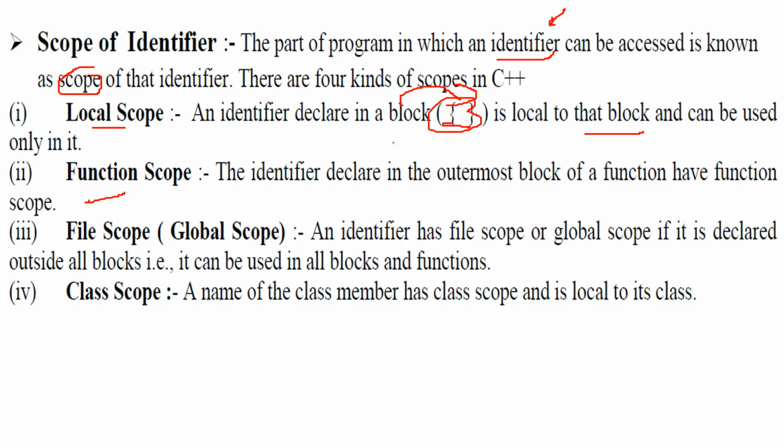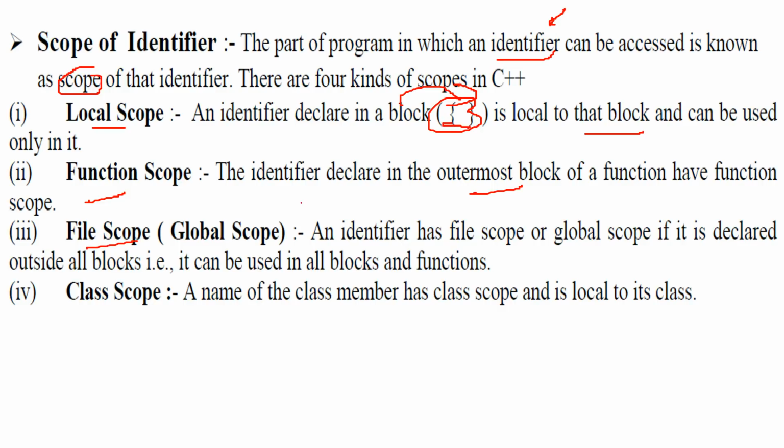The function scope: again, the identifier declared in the outermost block of the function, where the function starts, has a function scope. The overall function and the content inside the function can use whatever you have defined inside the function.